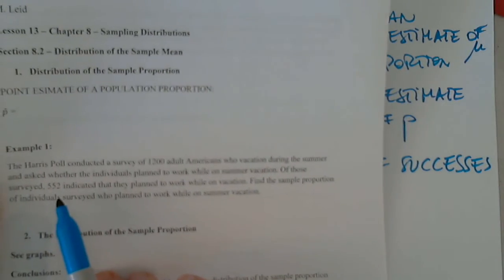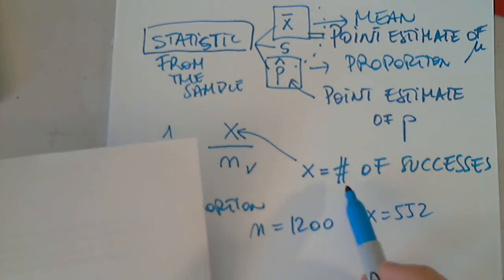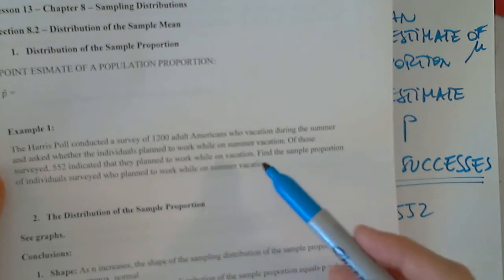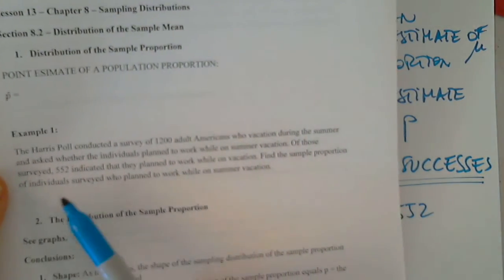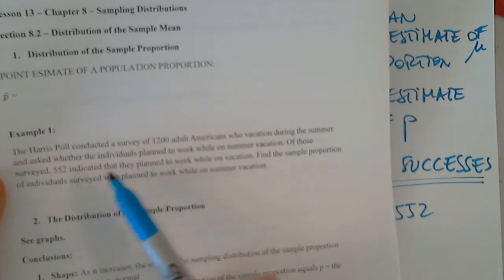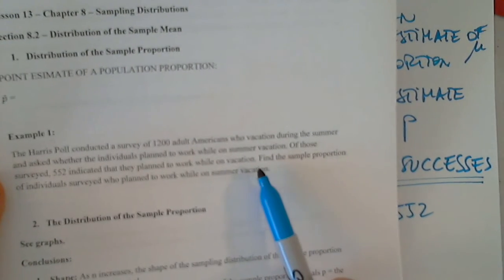Of those surveyed, that's our X. X is 552, the number of successes, who indicated that they plan to work while on vacation. The study is about working during vacation. So 552 of those 1,200 said, yeah, I will work while on vacation.